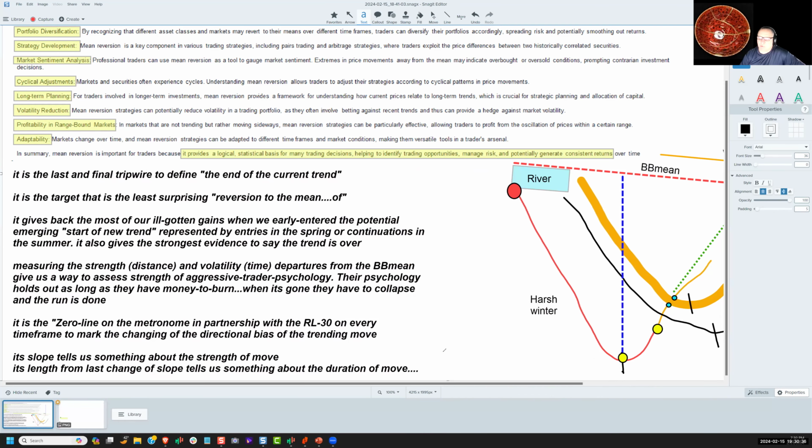So that's a really important concept that I want to bring back now and take a look at this idea here, that the Bollinger Band mean is the last and final tripwire to define the end of the current trend. Here's what I mean by that.